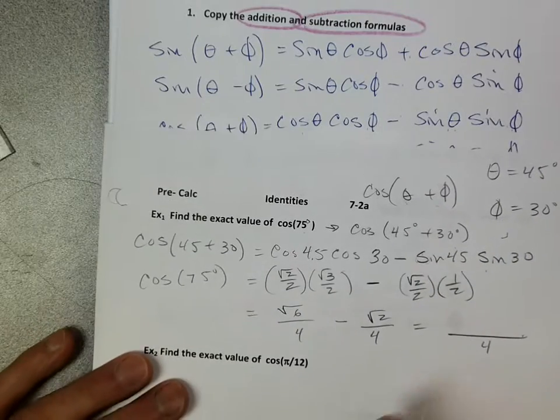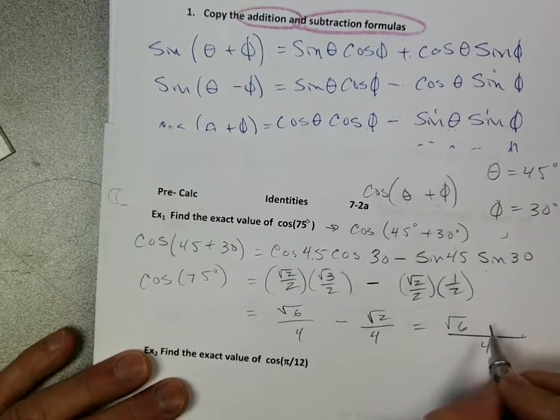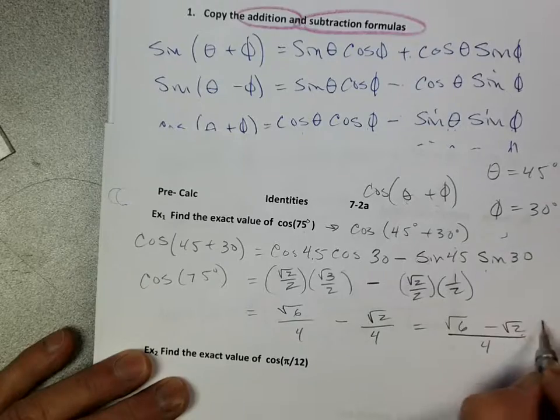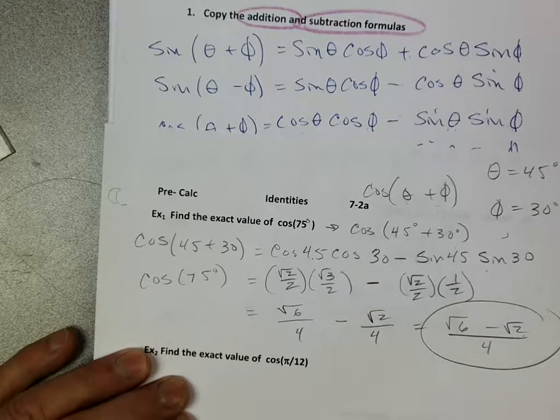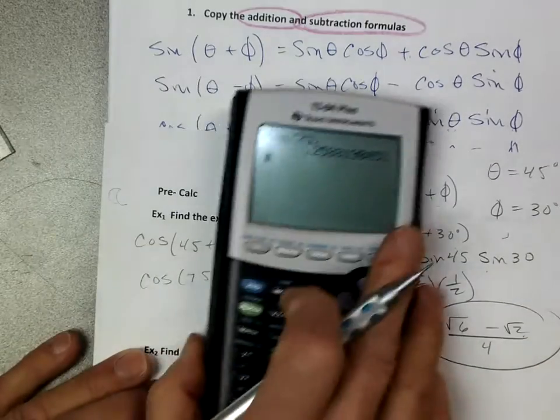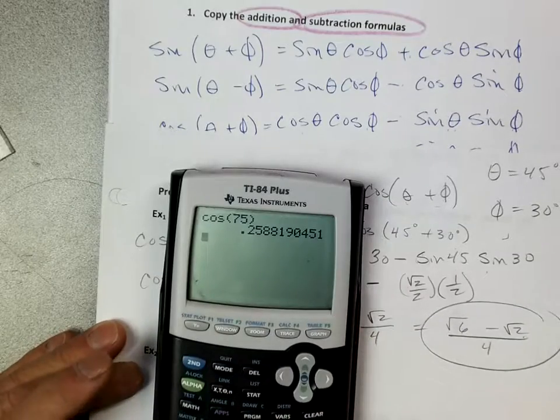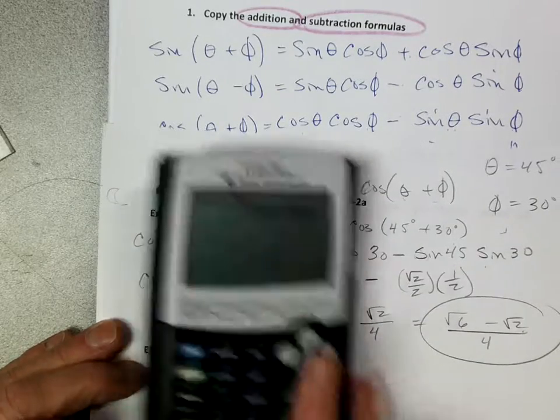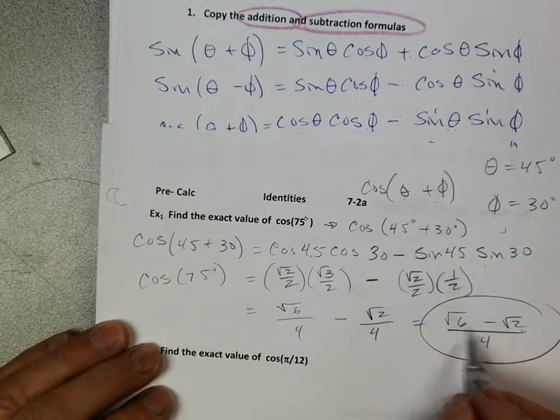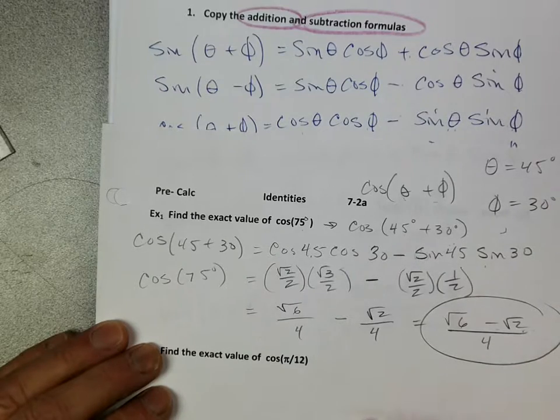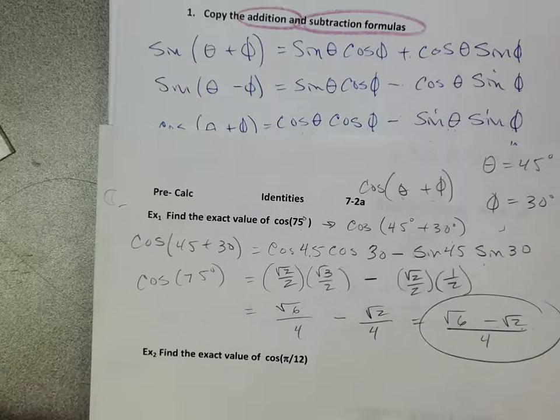And so my answer finally is going to be the square root of 6 minus the square root of 2 over 4. That's the exact answer. Its decimal equivalent is about 0.2588, but the exact answer is the square root of 6 minus square root of 2 all over 4. Okay? All right, example 2.